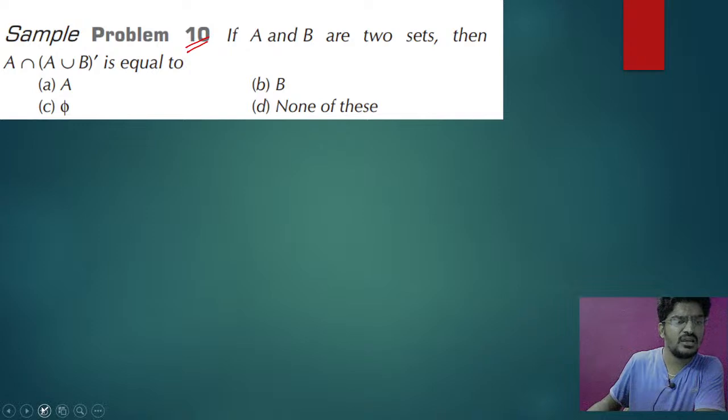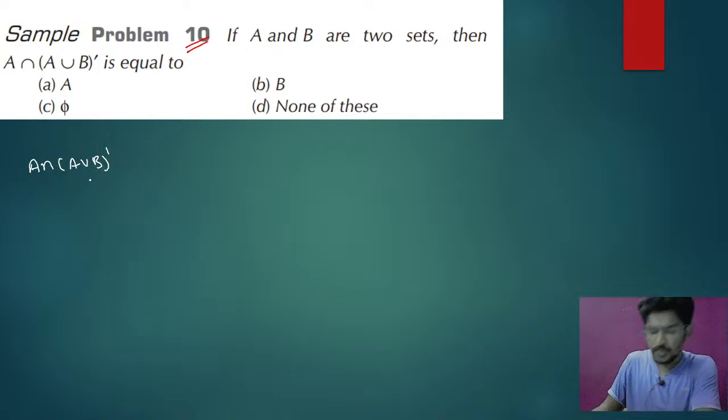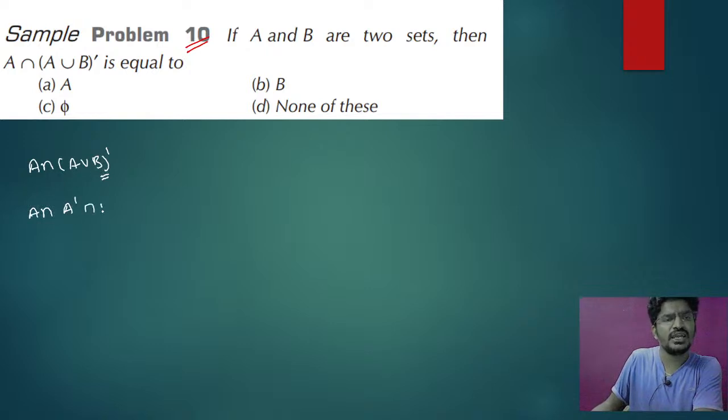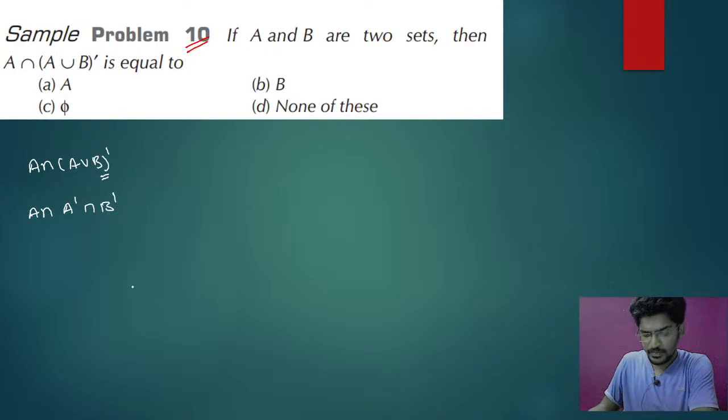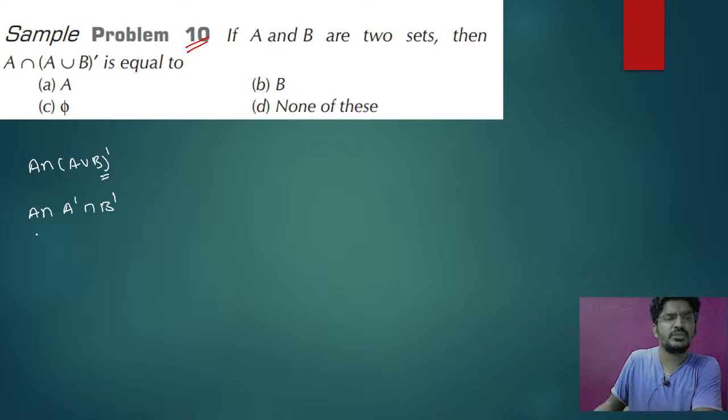See here what they are asking. They are asking A intersection (A union B) whole complement. Apply De Morgan's law. A intersection (A union B) whole complement will become A complement intersection B complement. By applying De Morgan's law, it becomes A intersection A complement intersection B complement.